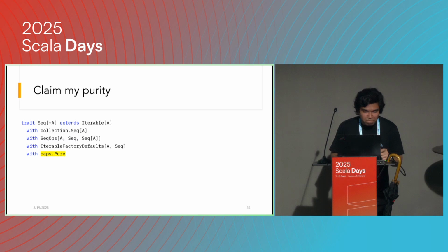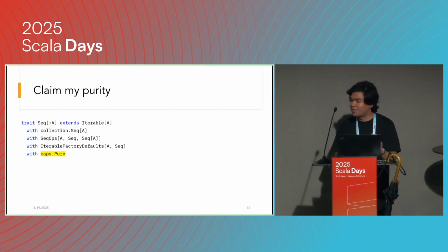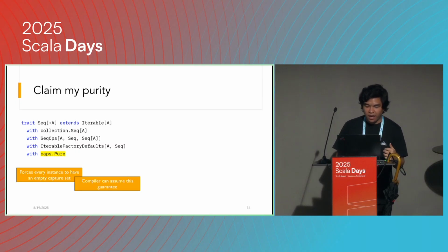And so through a lot of careful choices, we end up with this thing called caps.Pure, which first marks every instance of the class or trait to have no capture set. And then the compiler can assume this guarantee.